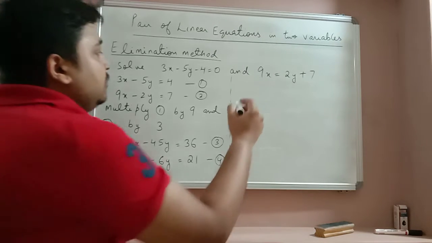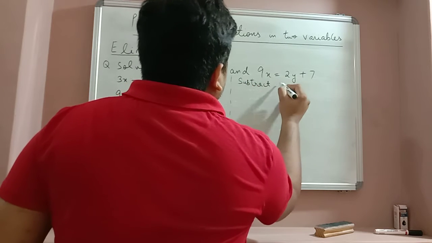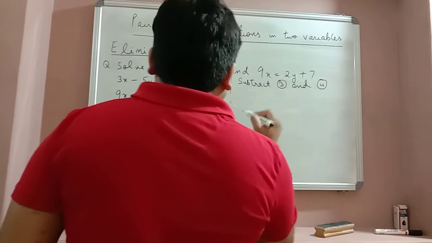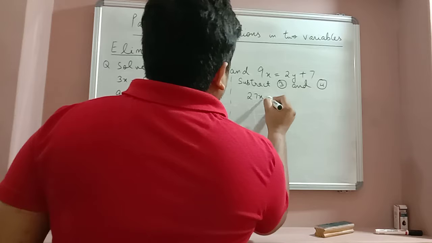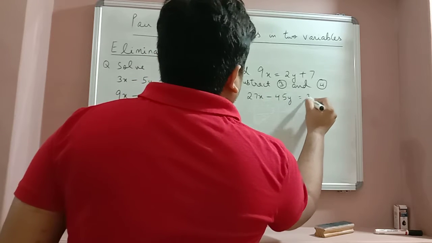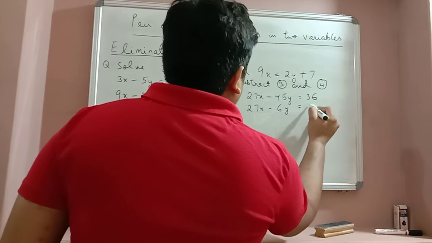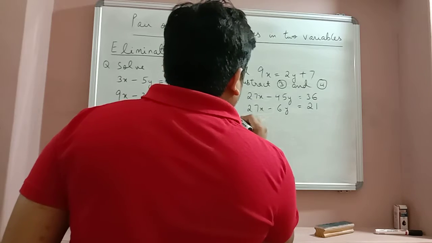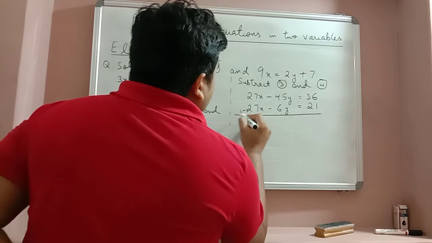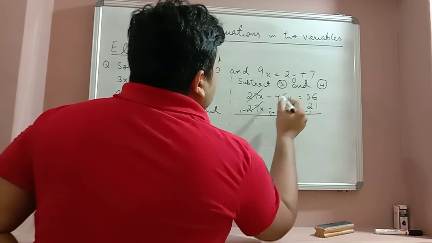Okay, so let's subtract equations 3 and 4. The equations are 27x minus 45y equals 36, and 27x minus 6y equals 21. On subtracting, the signs will change: plus becomes minus, minus becomes plus. The 27x gets cancelled. What is left?